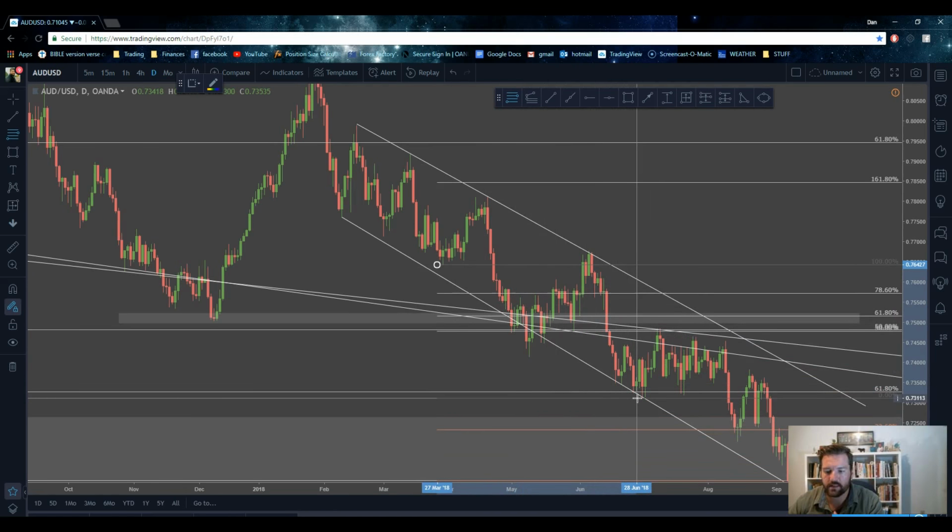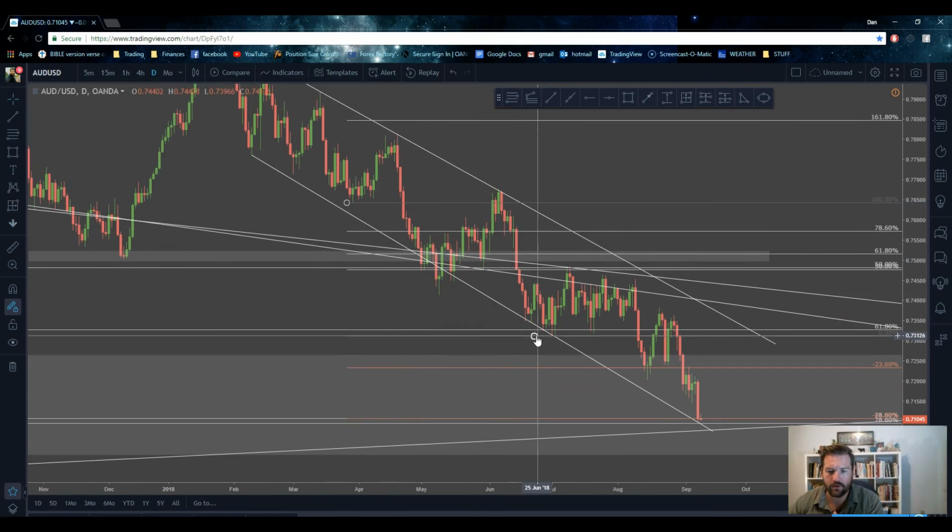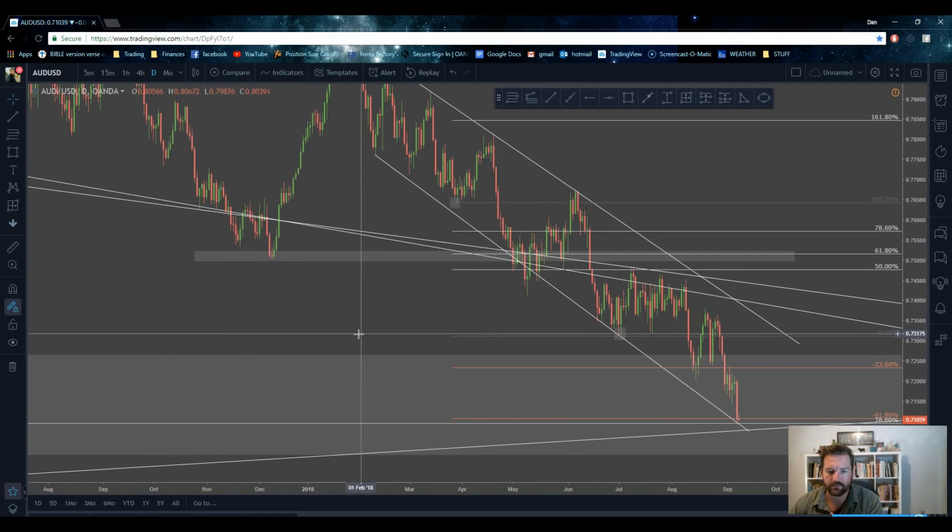Using a little advanced fib technique I use, we have a nice low to low point here. Using this low here down to this low here, there's a nice 50% retracement. Now let me delete these higher time frames. We already know we're sitting essentially on top of those 78.6 fib retracements. Okay? So let me delete that.